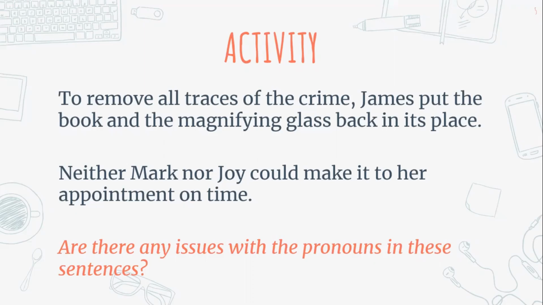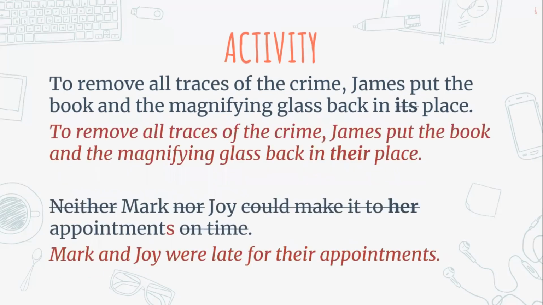All right, so let us see if what you said is right. In both sentences, two of the pronouns used are incorrect. So let's look at the first sentence. To remove all traces of the crime, James put the book and the magnifying glass back in its place.